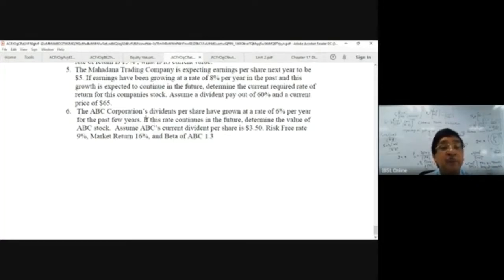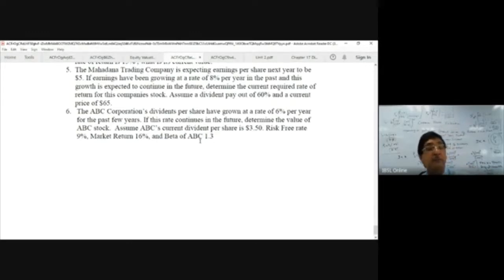The ABC Corporation's dividends per share have grown at a rate of 6% per year for the past few years. That is the dividend growth rate, 6%. If this rate continues in the future, determine the value of ABC stock. Assume ABC's current dividend per share is 350, risk-free rate 9%, market return 16%, and beta of ABC is 1.3.